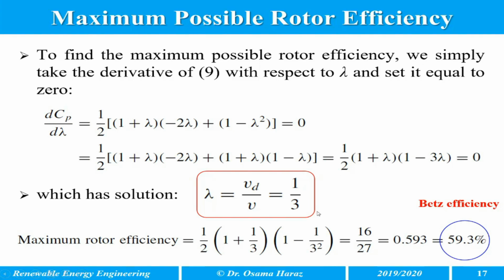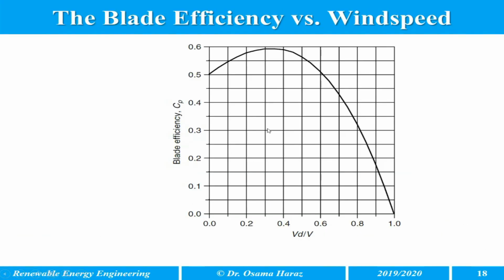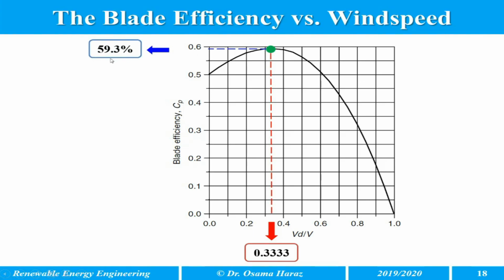That means the maximum rotor efficiency will become 59.3%, does not exceed 60%. And this figure shows the blade efficiency Cp with respect to the ratio Vd over V or lambda. So this will happen at lambda equal one third. The maximum efficiency will not exceed 60%, exactly 59.3%.